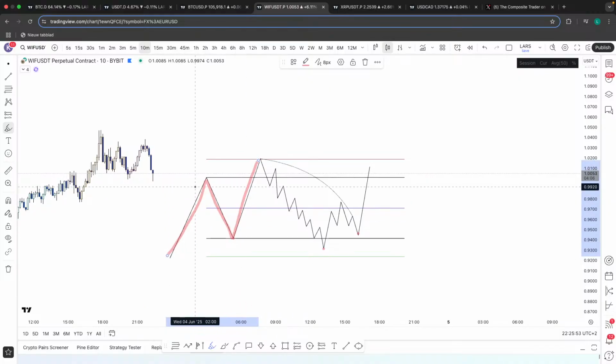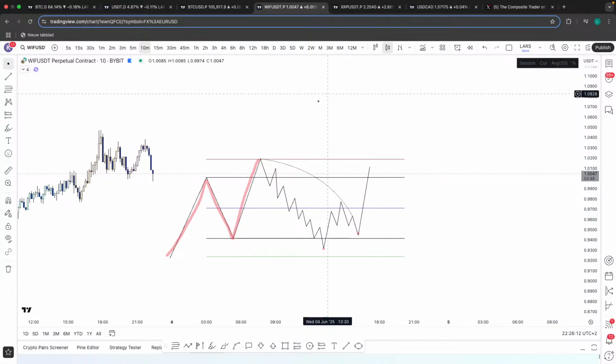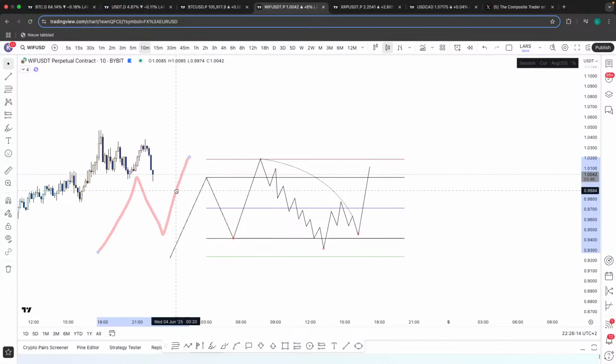If this is V-shaped price behavior, it is market structure. And guess what? That is market structure trending up. What do you do when market structure is trending up? You pull your range from high to low once you come back to the equilibrium. So pulling your range like this, it might look good, it might look tempting, but it is wrong. Because that right here is not the starting point of your range.